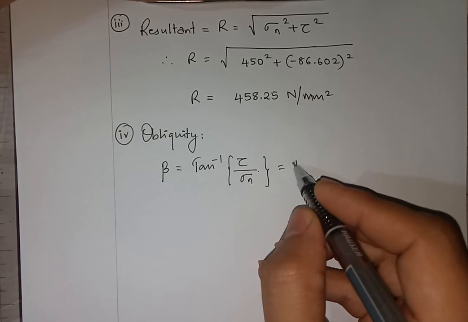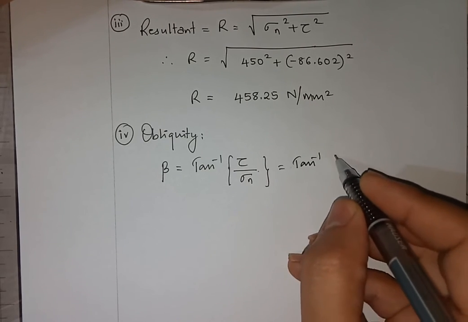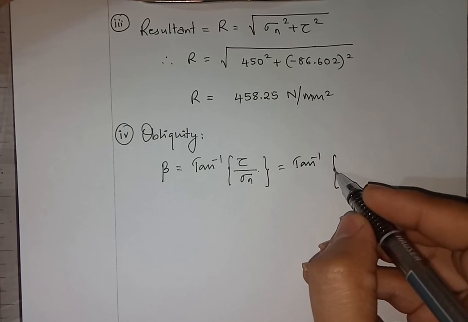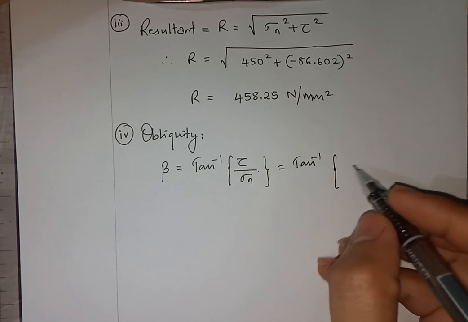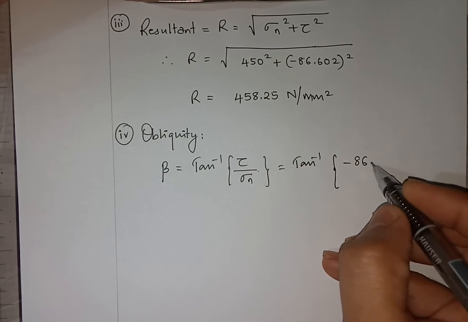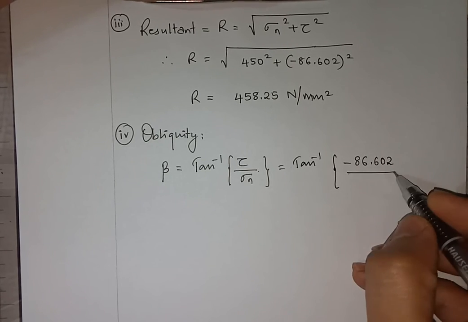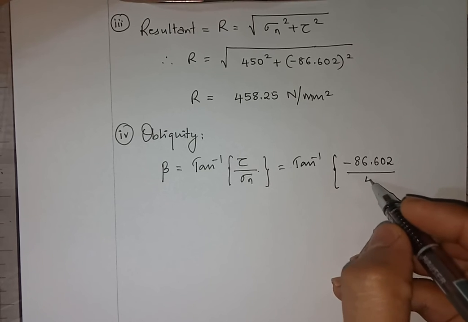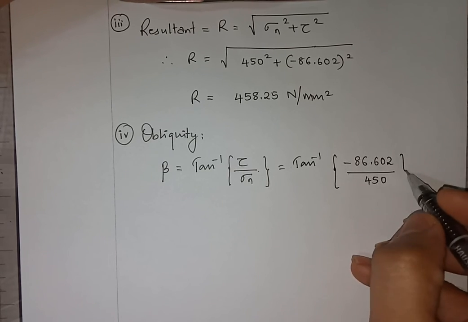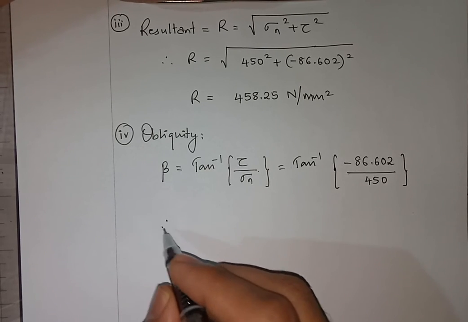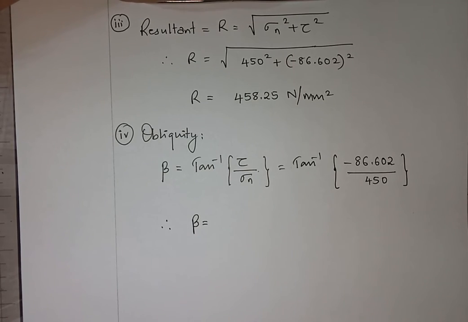So that is equal to tan inverse of the value of tau, which is minus 86.602, divided by sigma n, which is 450. Let me check out what will be the value of beta.